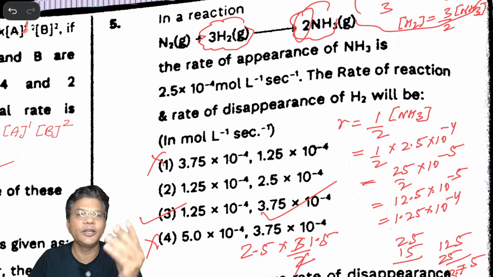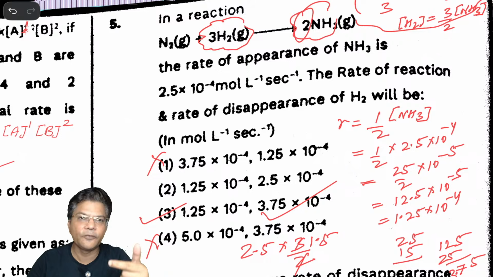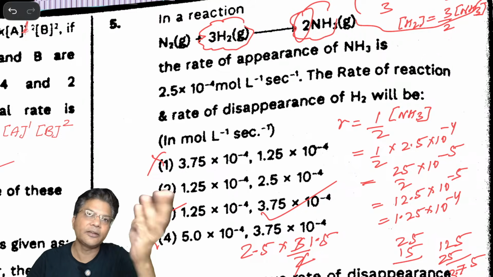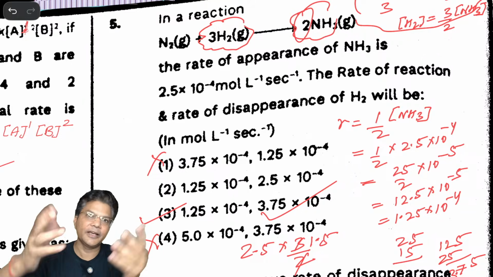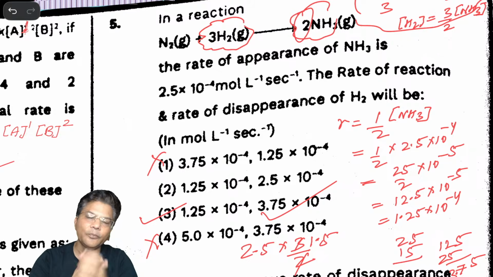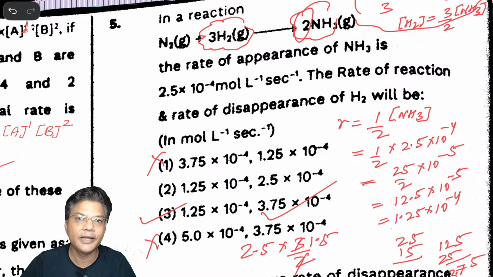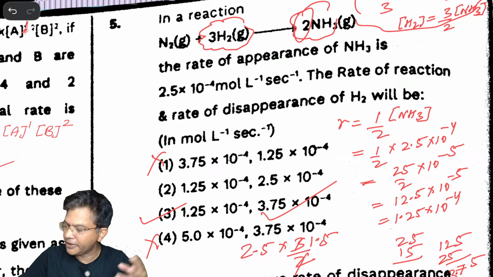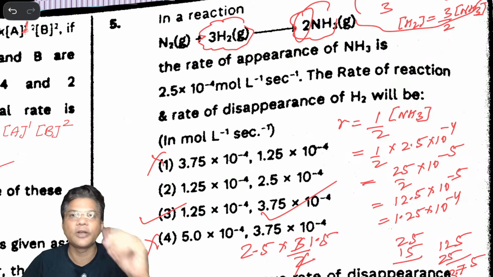With any entity you can write down the rate of reaction. You will write whatever the appearance of ammonia, half of that, because the rate of reaction we have to consider with respect to N2 only, because it's 1 mole only. So half of whatever the concentration. So 2.5 into 10 to the power minus 4.